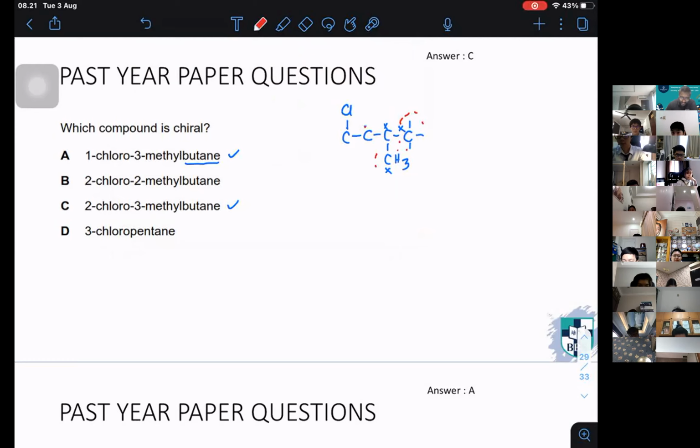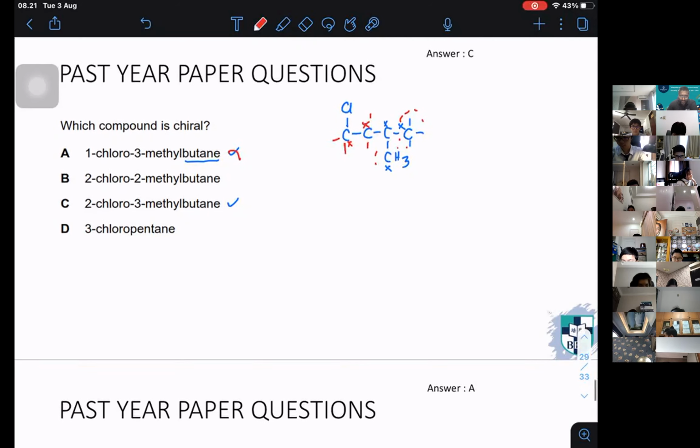If I look at this, I ignore this. Why? Hydrogen here, cannot. So left with this, this one also cannot, hydrogen here. This is also not a chiral center. So you need to analyze. This one cannot be something that is optically active.